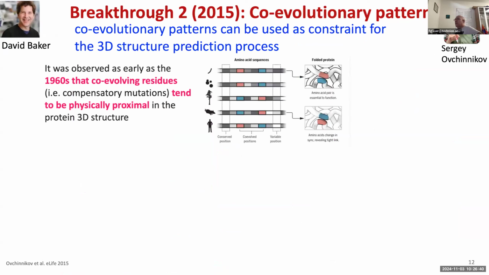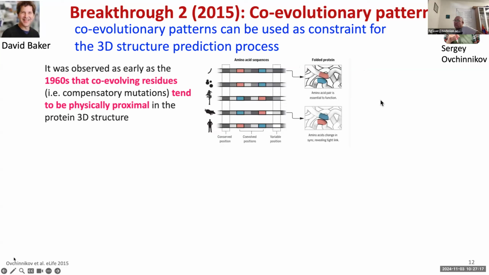The next breakthrough is also from Baker, almost 20 years later, which is to use coevolutionary patterns. Already in the 60s, it was observed that co-evolving residues tend to be physically proximal. If I build an alignment and find in different species compensatory mutations, I can assume that in the three-dimensional structure those two co-evolving amino acids will be close in space.